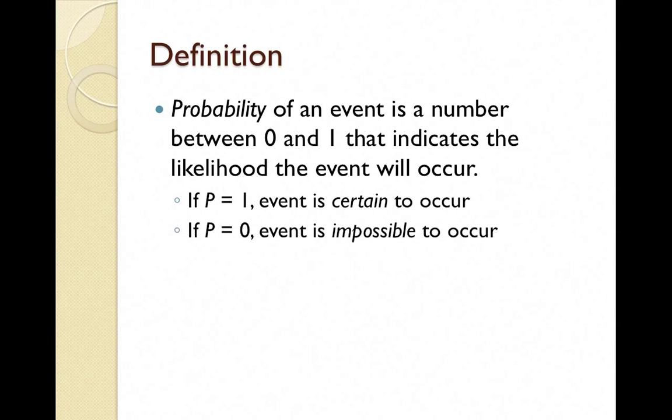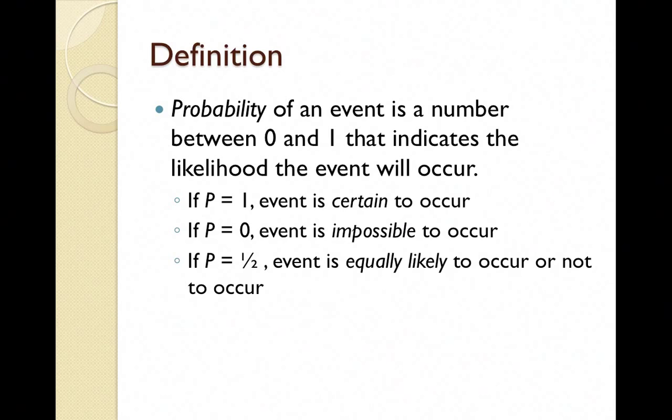If I have a probability equal to 0, then I know it is impossible for the event to occur. And if I have a probability of 1/2, that tells me the event is equally likely to occur or not occur. So obviously numbers below 1/2 are less likely to occur, and numbers above 1/2 would be more likely to occur.